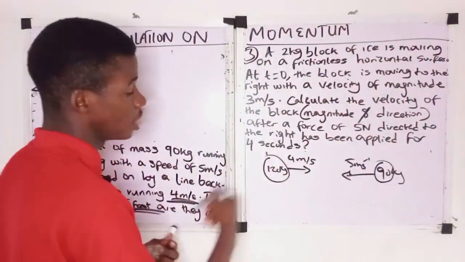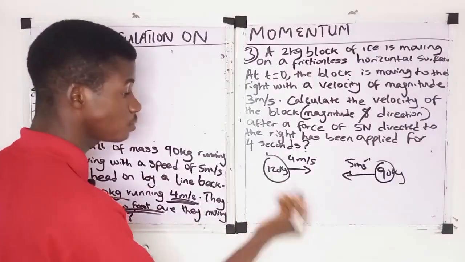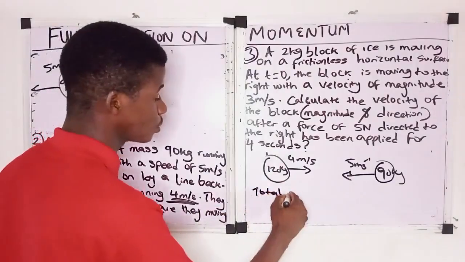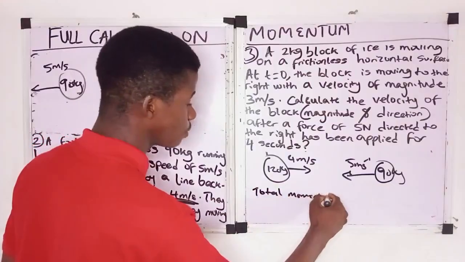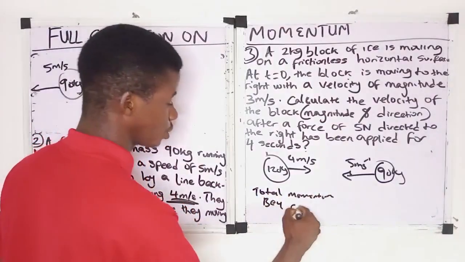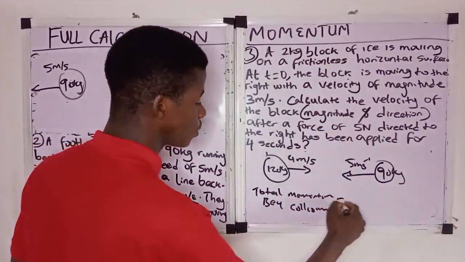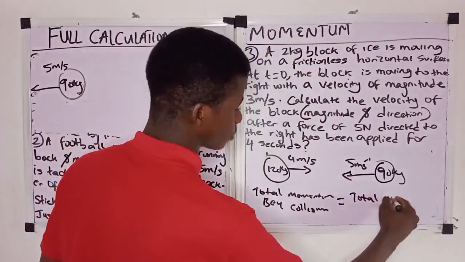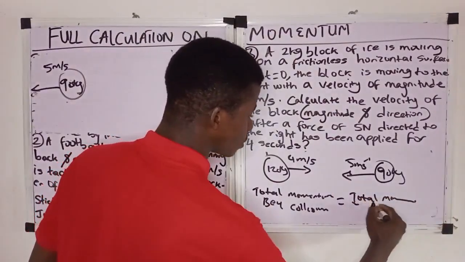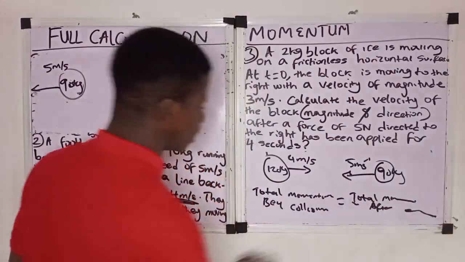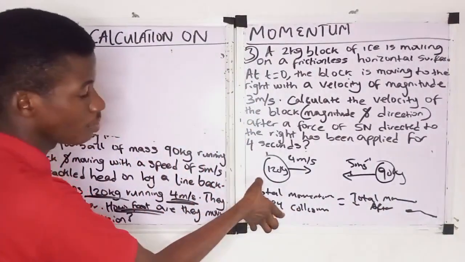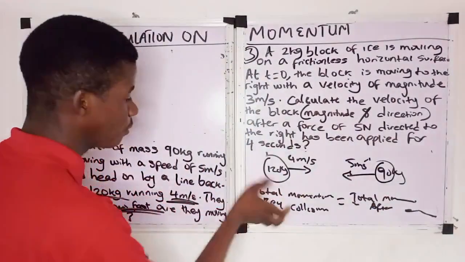Remember, under conservation of momentum, the total momentum before collision equals the total momentum after collision. So what is the total momentum of this system before they collide?